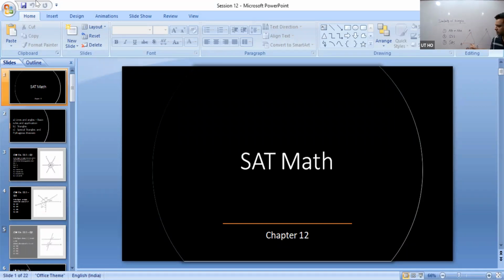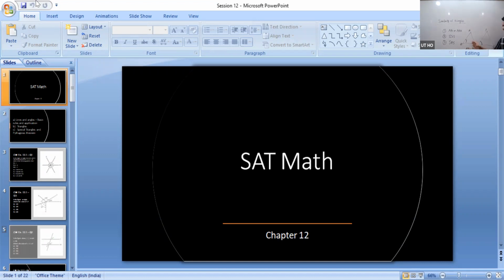If this side and this side are corresponding and equal, then the included angle between the sides should be equal. So that means angle B should be equal to angle Q. It should not be that angle A and R are equal. That is not the condition of SAS.